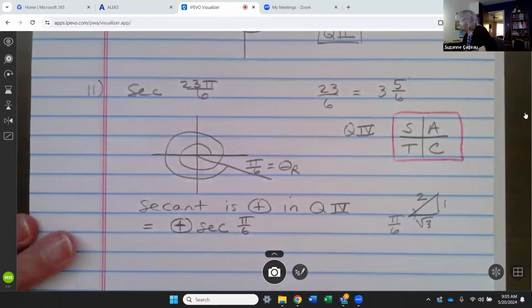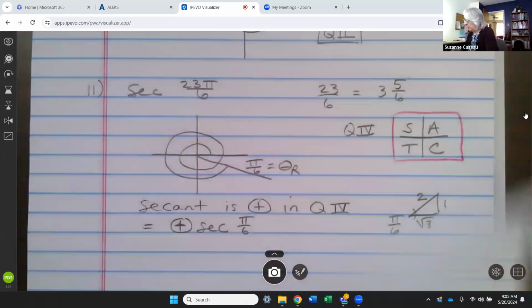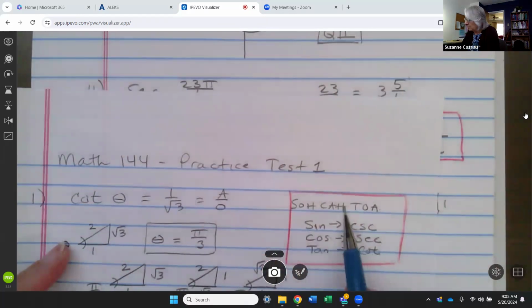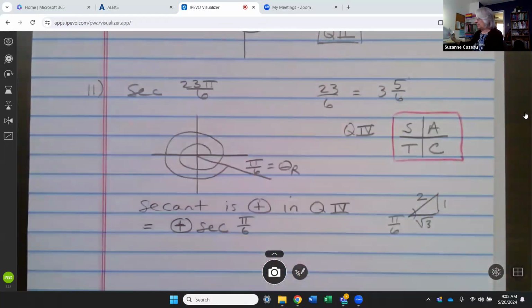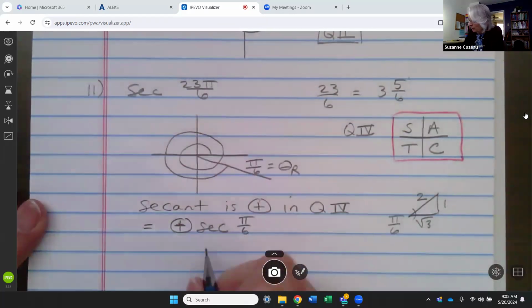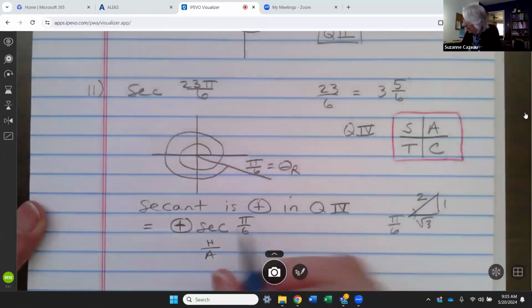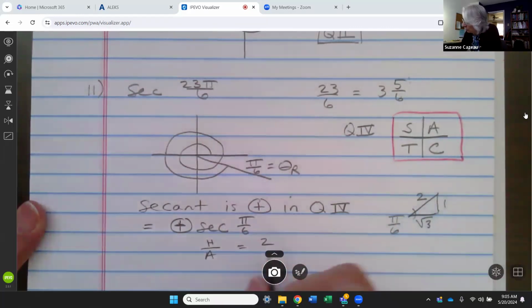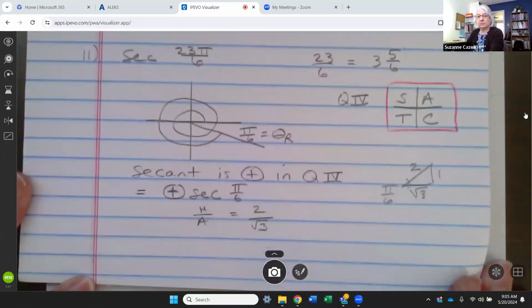The secant is the reciprocal of cosine, so that's going to be hypotenuse over adjacent. The hypotenuse is 2, and the adjacent is √3. How's that?